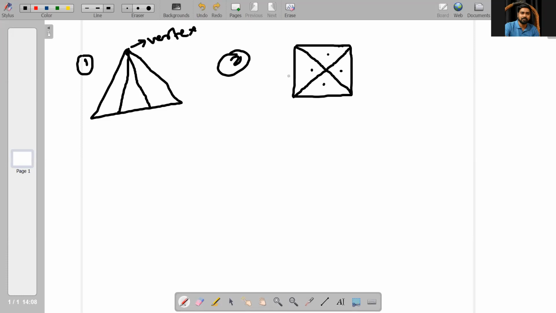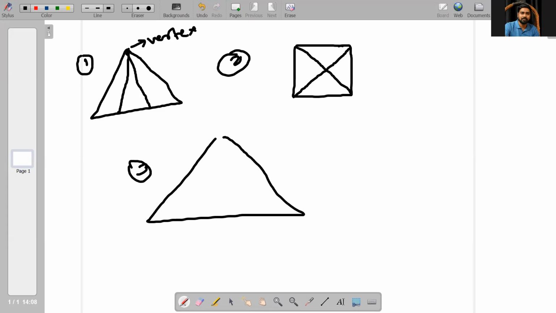So this is the second kind of triangle that we have, and the third one would be triangles inscribed inside another triangle. Okay, so we'll be learning accordingly about all these things.